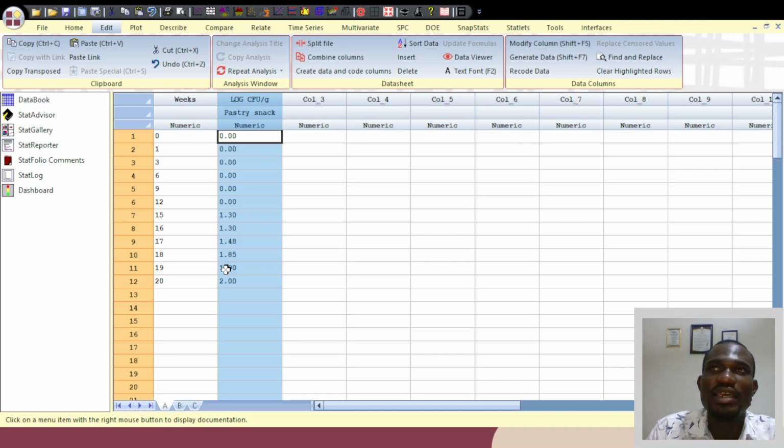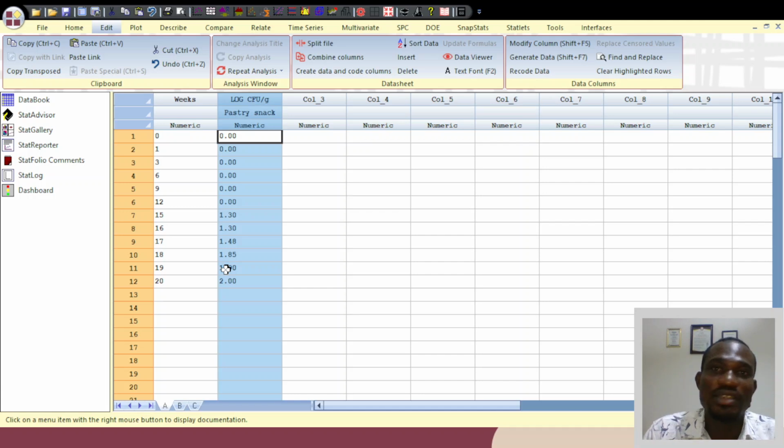And in this case, I'm going to use a reference point that has been given by Ghana Standards Authority for pastry samples, just for this demonstration. So for pastry samples, it should not exceed 1 times 10 to the power 4 colony forming units per gram, or something.